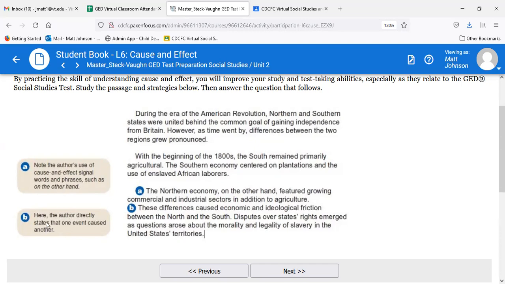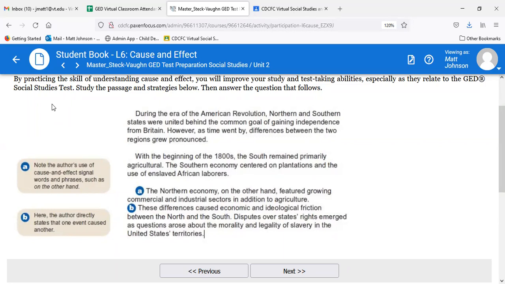And then pointing out our cause and effect in our text box there, letter A, note the author's use of cause and effect signal words and phrases such as on the other hand. Again, we keep going back to that idea of signal words and looking for them. And in our language arts lesson today, we're going to see that as well again. So look for that, right? That contrast.